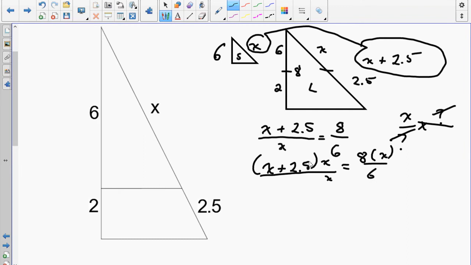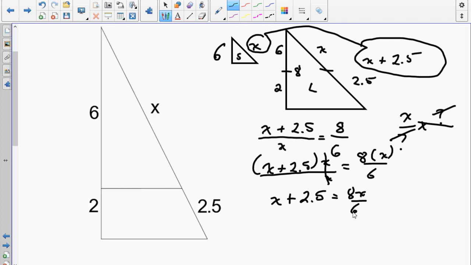All right, so now I've got the x's canceling out. So my left-hand side now has x plus 2.5. And of course this becomes 8x over 6. Now I'd love to be able to go 8 divided by 6, but 8 divided by 6 is 4/3. That's 1 and 1/3. And that causes a problem because it's not an exact number. So I really can't do any dividing.